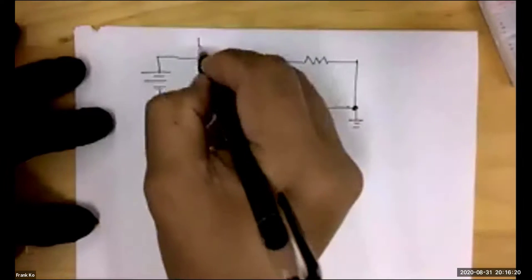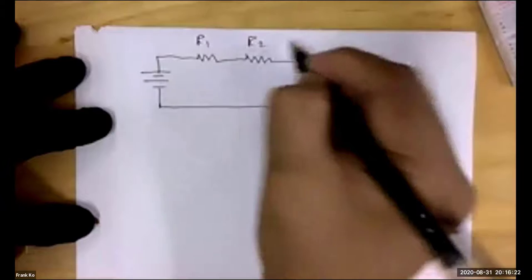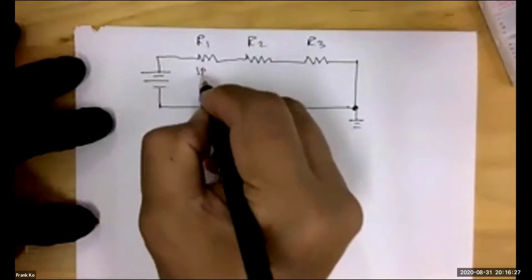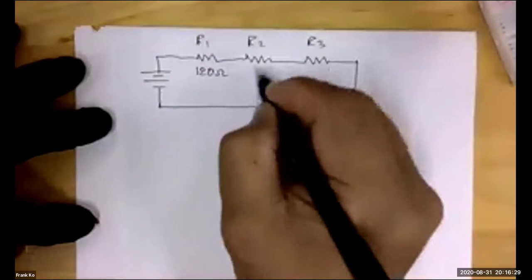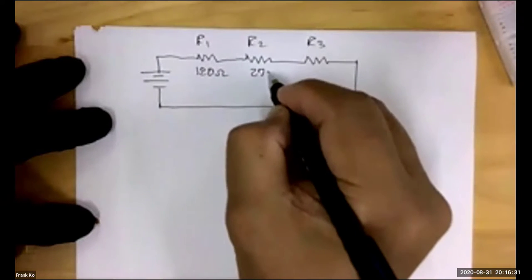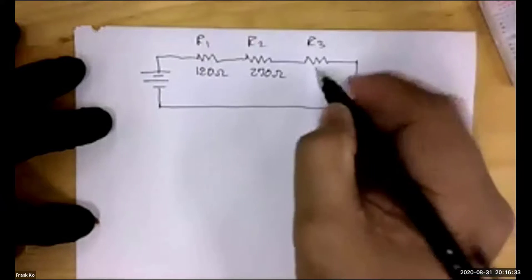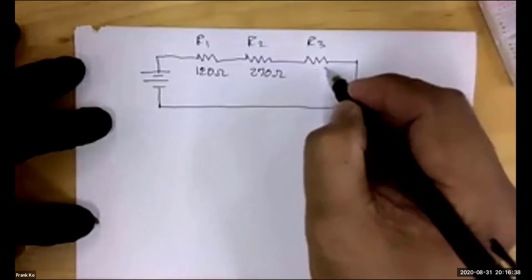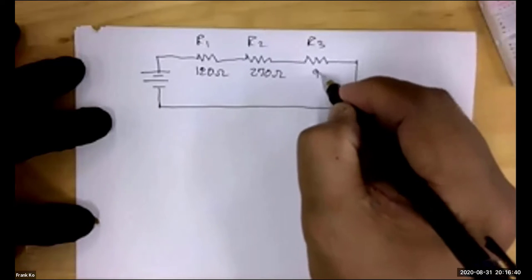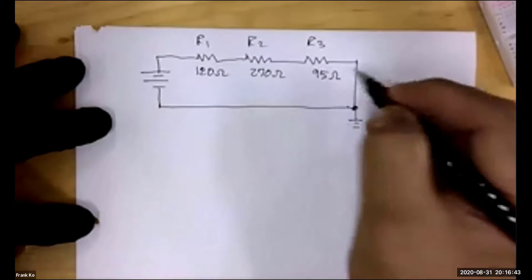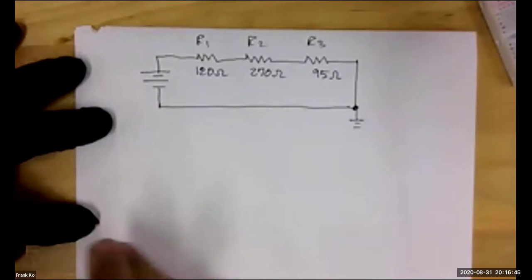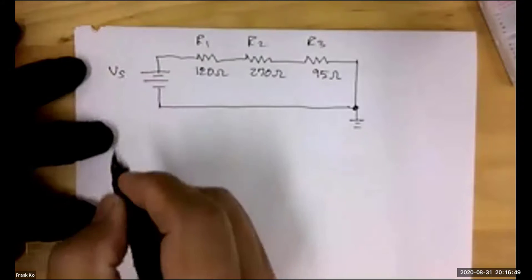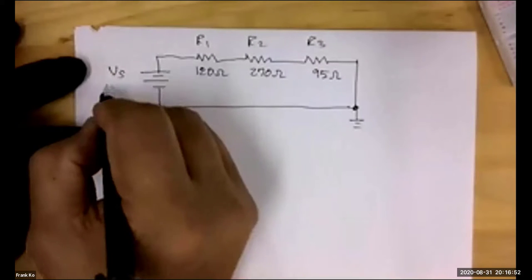And this will be R1, this will be R2, this will be R3. This will be 120 ohms. This will be 270 ohms. And this will be, let's see here, let's make this 95 ohms. And for the voltage, I'm going to give us a Vs that is equal to, let's say, 12 volts.